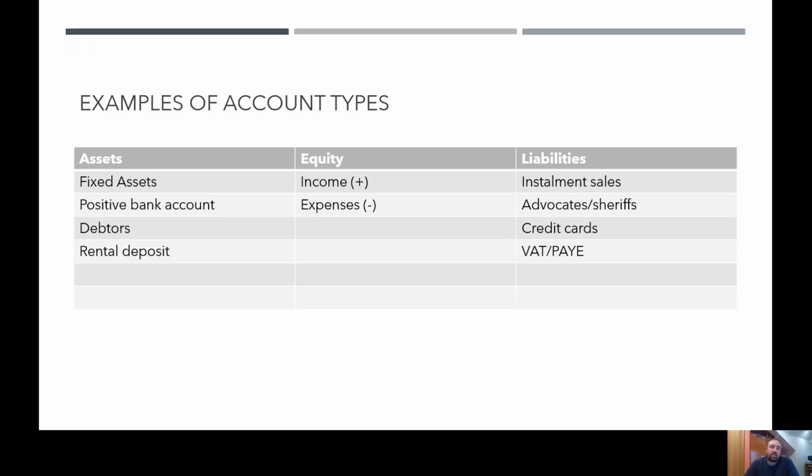And then the same with a rental deposit. We will use the example of rent paid and rent deposit a little later on, to explain the difference between assets and expenses. But a rental deposit you pay to your landlord, and it stays with your landlord, and in 2 years or however long, when your lease expires, the landlord will pay that money back into your bank account.